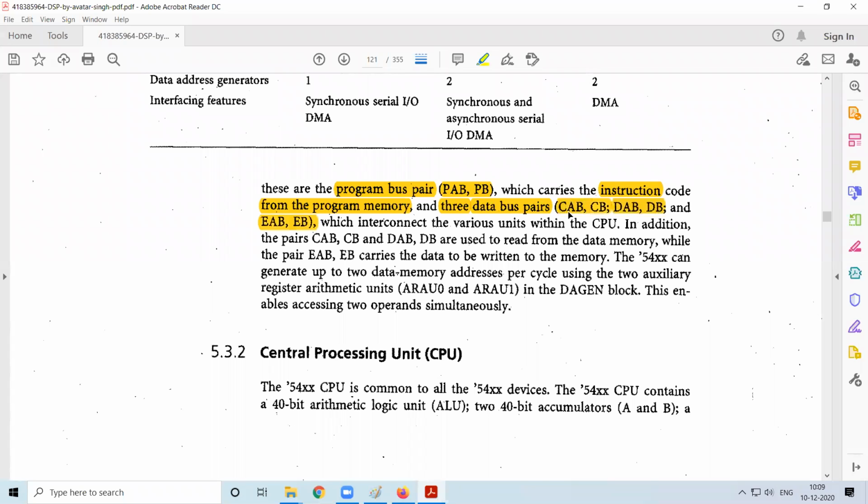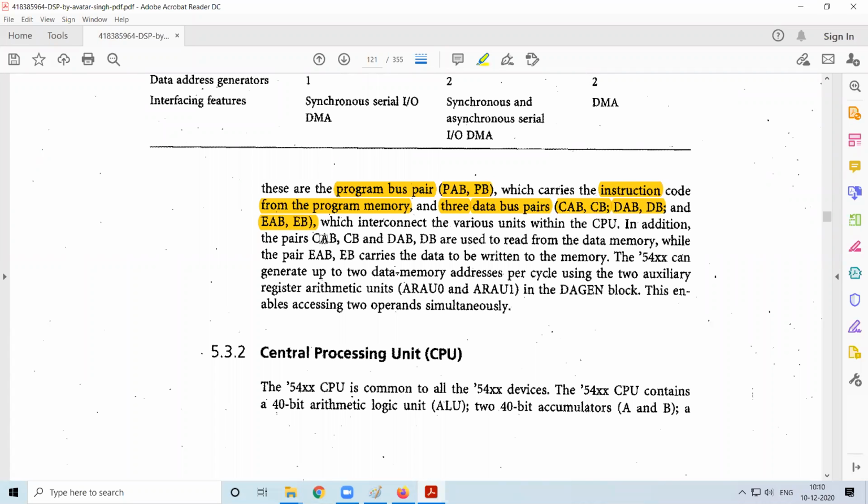C, D, and E pertain to the data memories. EAB means address bus, while CB, DB, or EB is the data bus. Each of the three memory locations has two separate buses, each of 16 bits.